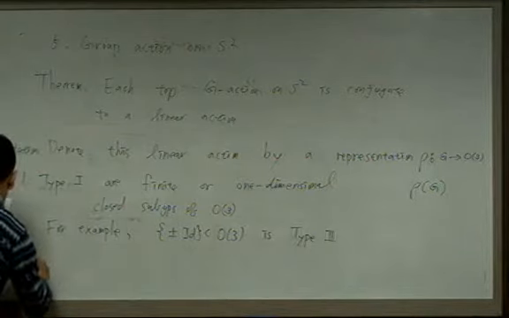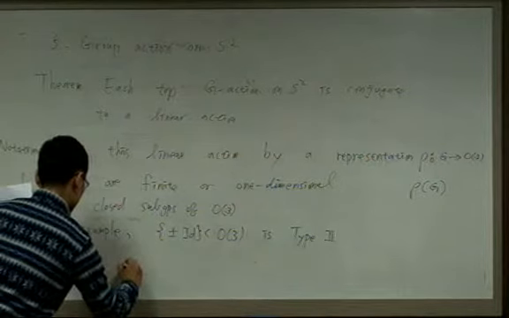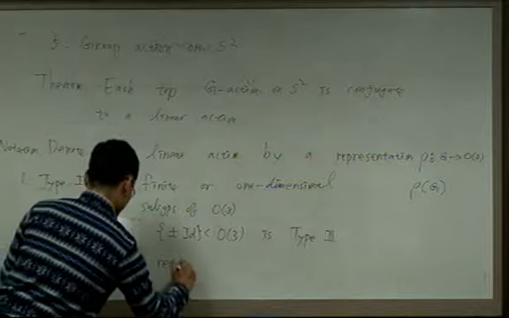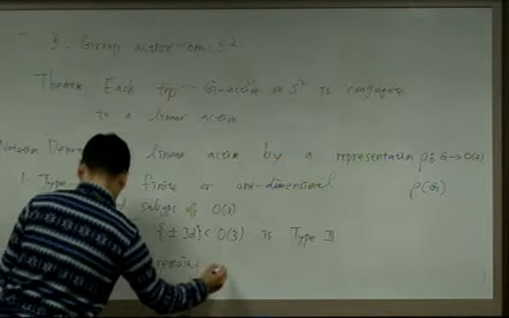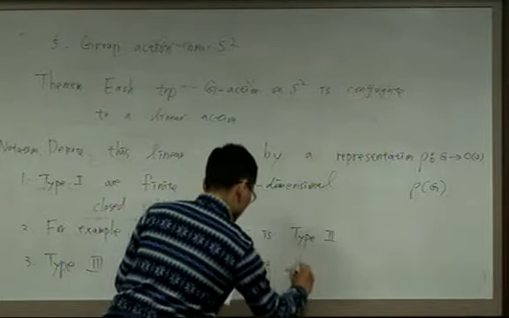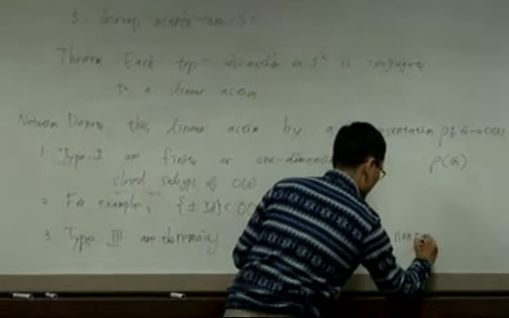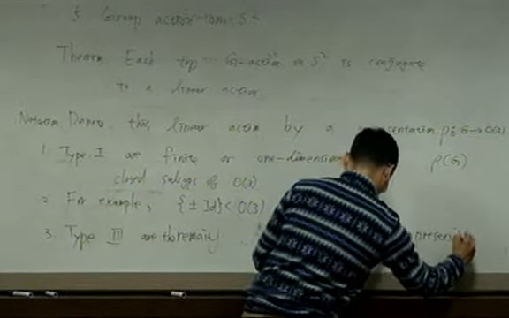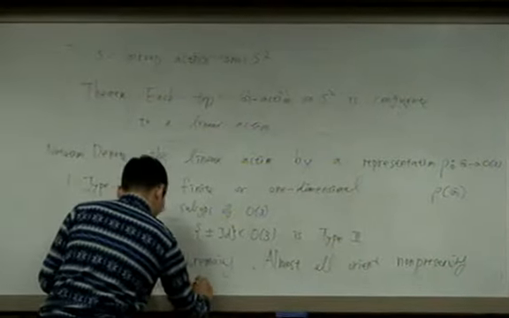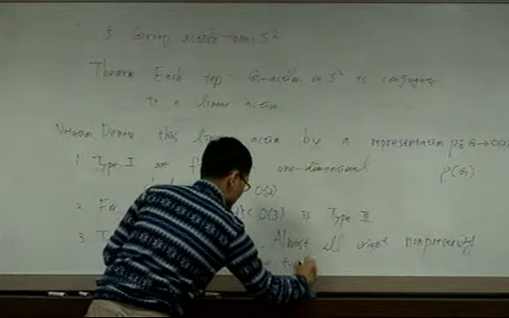And last, type 3 are the remaining ones: almost all orientation non-preserving subgroups of O3 are type 3.